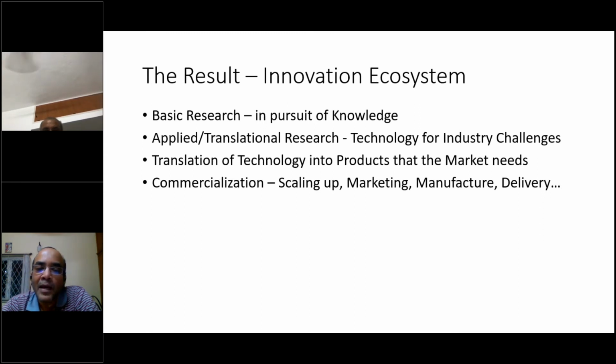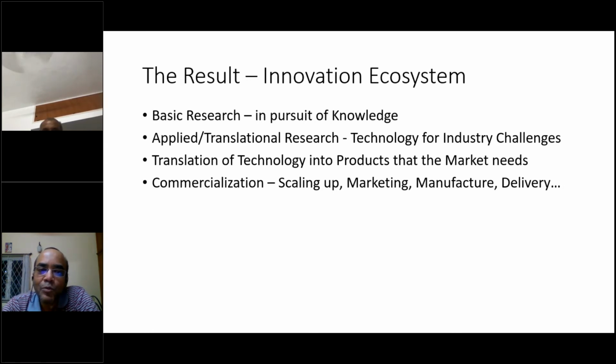The first aspect is basic research, which we also talked about earlier: the pursuit of knowledge, understanding behavior, getting a good fundamental knowledge of how things work, how a material behaves, or how a certain chemical could be a better option for building a battery, for example. We've seen new research reports coming out, and we also looked at how COVID-related innovations are happening in the country. So that pursuit of knowledge is part of basic research.